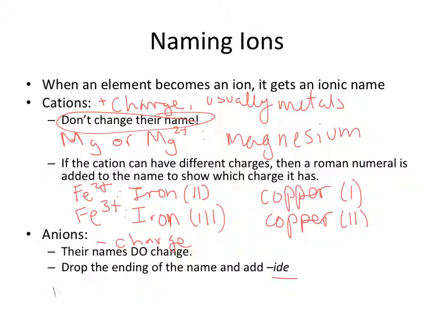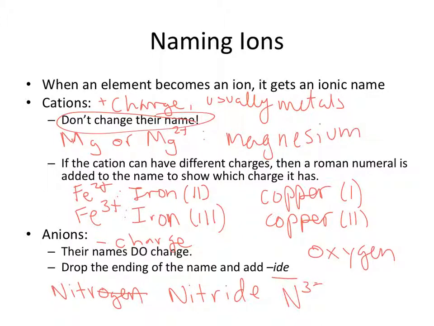So for example, nitrogen, we're going to drop the "ogen," and it's going to be nitride when it's in its charged state, so when we're referring to N3 minus. Or oxygen, we're going to drop all that, and it's going to become oxide.